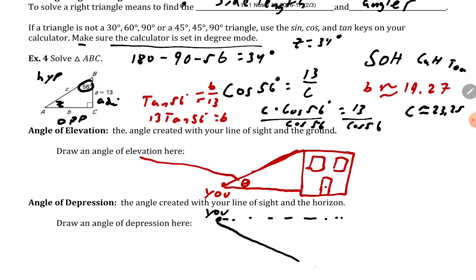You're about to go down skiing or snowboarding. So this would be your angle of depression. So either you're skiing down a slope or you're on top of a building, and you have a ramp going down. That's your angle of depression.